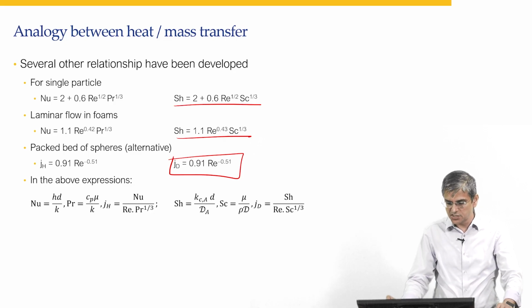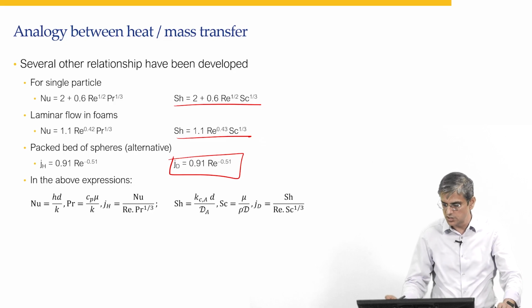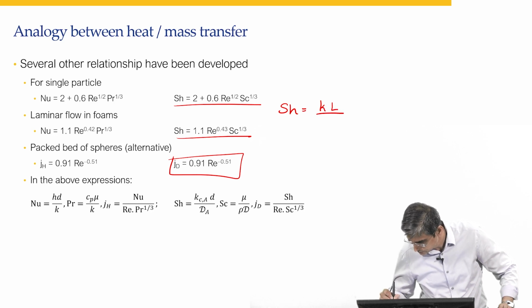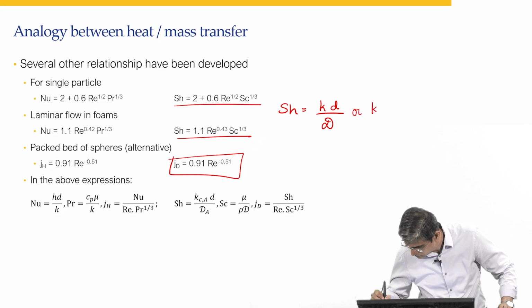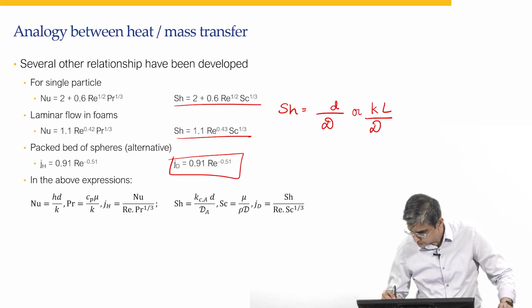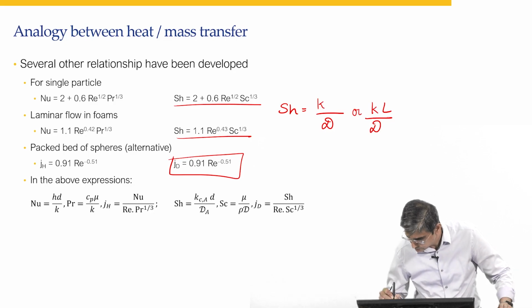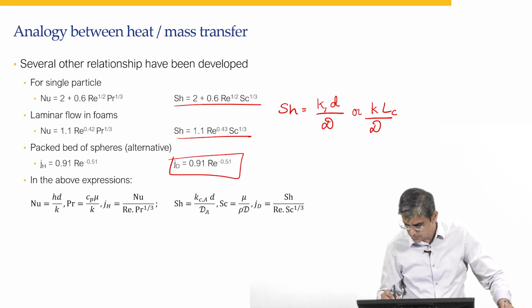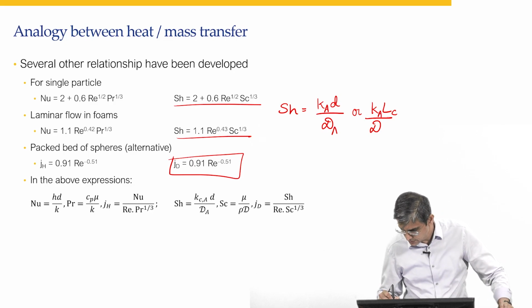The expression for Sherwood number I had given you earlier, where L is the characteristic length. What is K? K of species A. What is D? DAM.